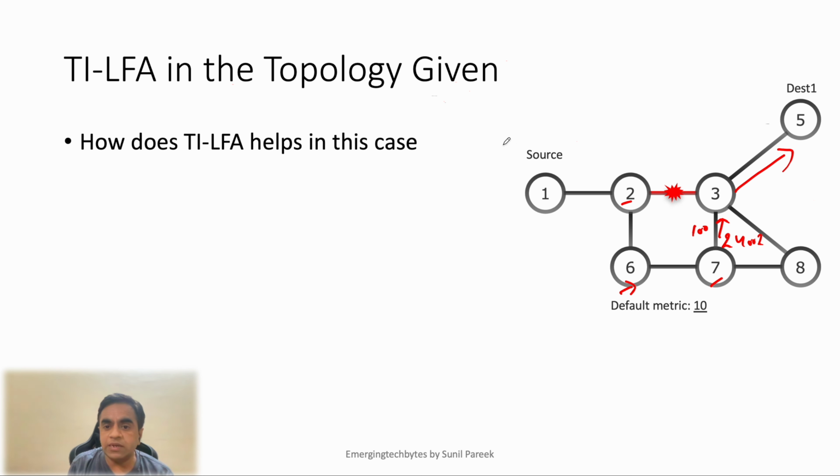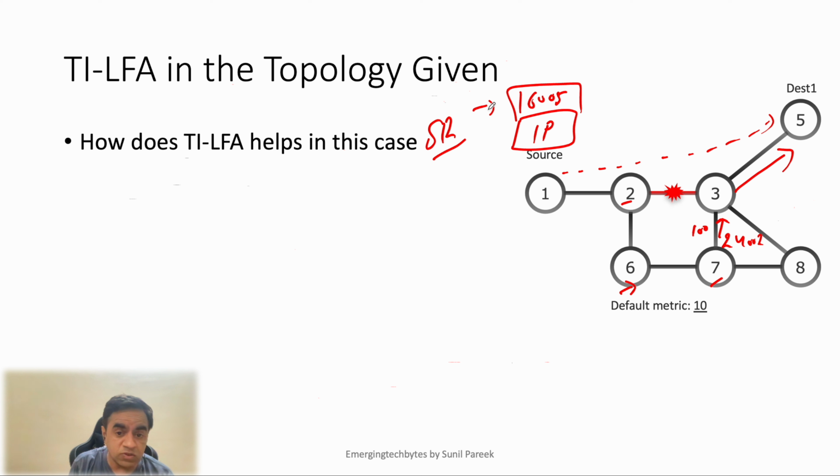Initially, let's say SR is enabled and the packet is taking this path. So the packet, let's say this is my IP payload, and on top of that I will put this label. By looking at the range, you can say that this is an SR label. So this is what I will do.